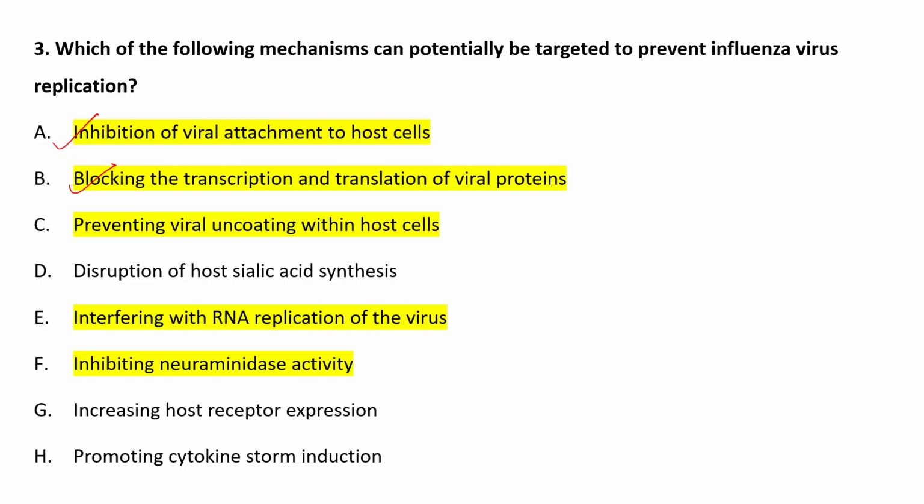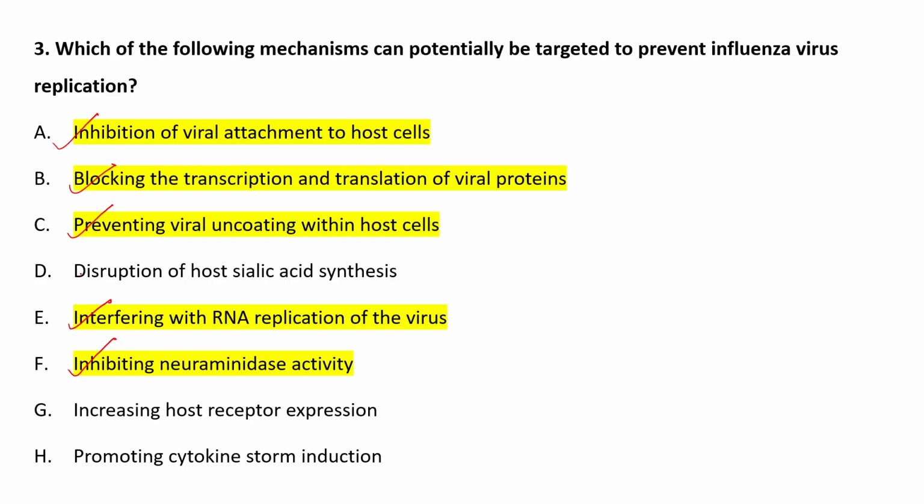Then we can prevent the viral uncoating within the host cell. And we can also interfere with the RNA replication so that it is not replicated. Even then, we can inhibit the neuraminidase activity, because at the last stage during maturation, neuraminidase is required for cleaving sialic acid. So that we can also do.